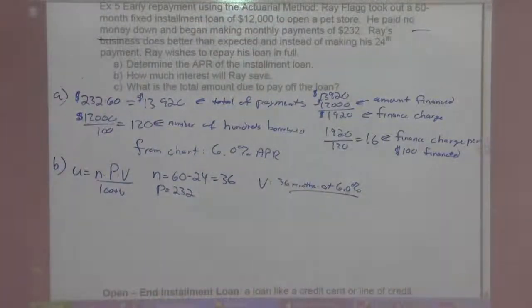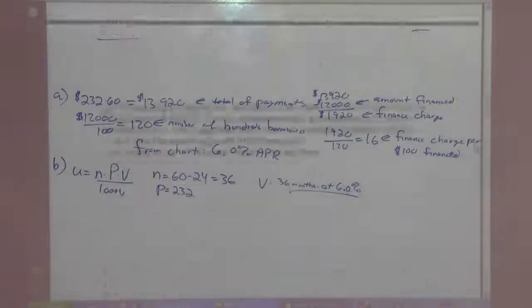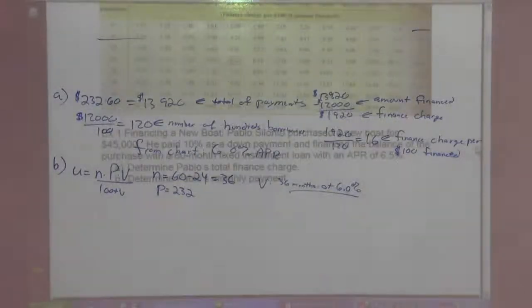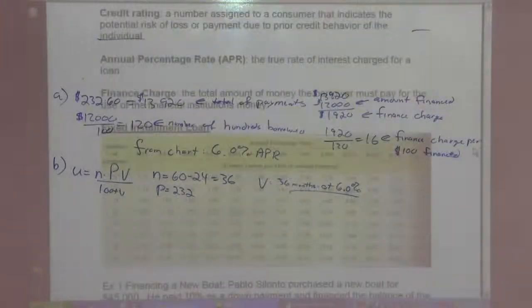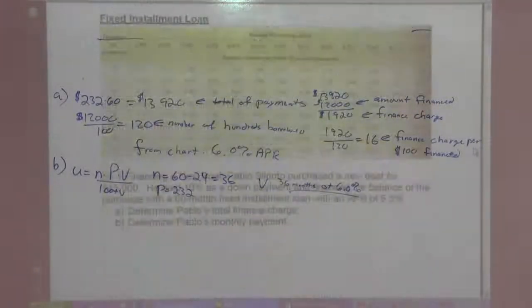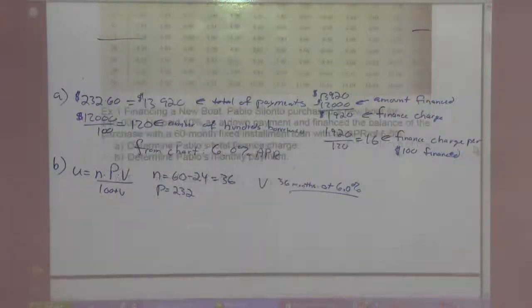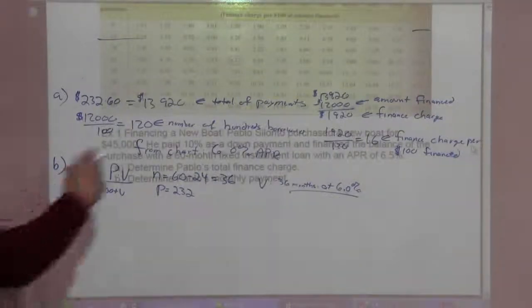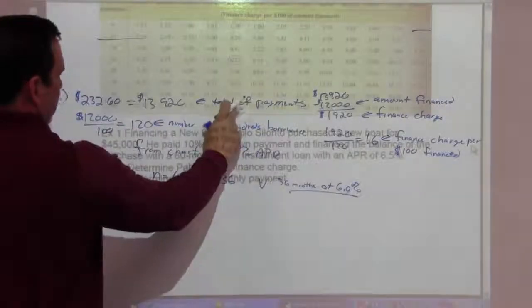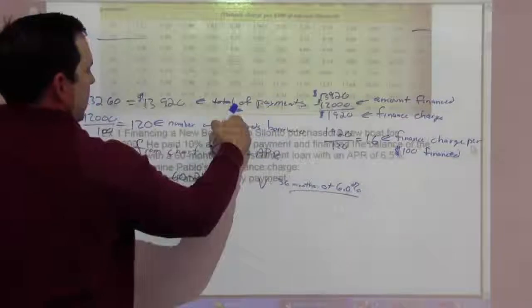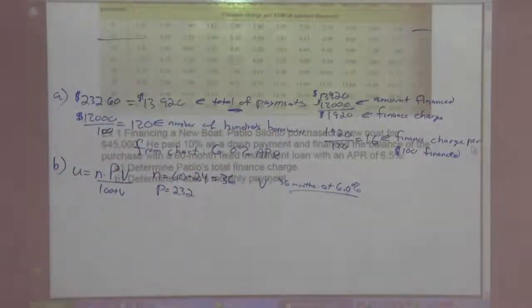Now we're going to look, so that's a different V. I will look this up on the chart. I just hope we have enough space to see the whole thing. Okay, so we're looking at 6%. It's right about here. So it looks like it's 16 per 100 for 60 months at 6%.